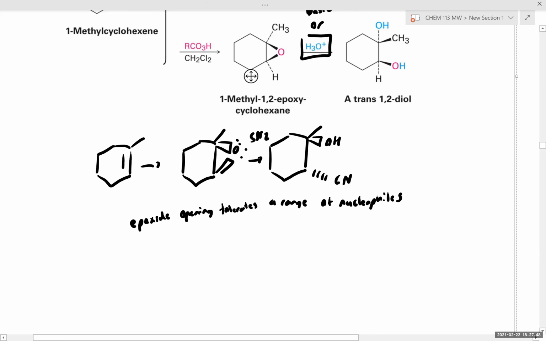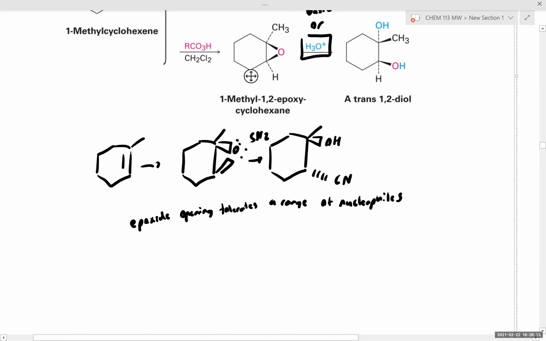But under basic conditions, really you can open that epoxide with almost any nucleophile that you want. And that's one of the strengths of epoxide opening. It doesn't just get you to trans diols, it gets you to trans addition products where you've added a nucleophile trans to an alcohol.